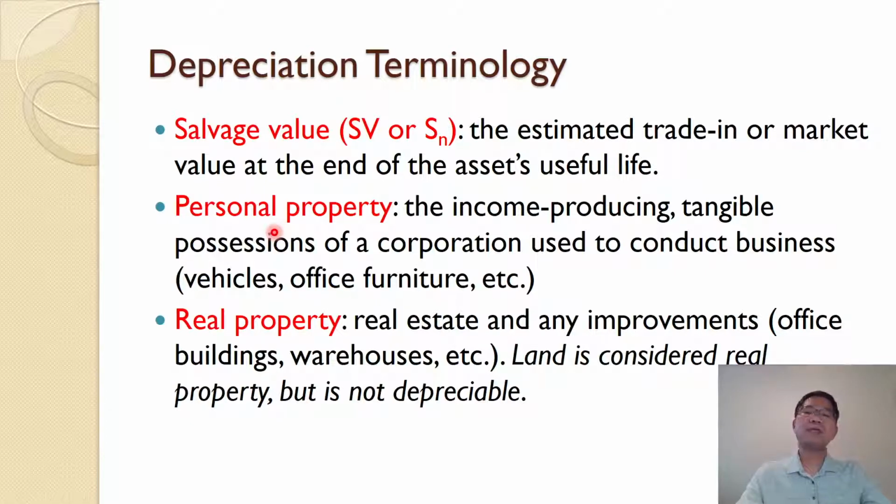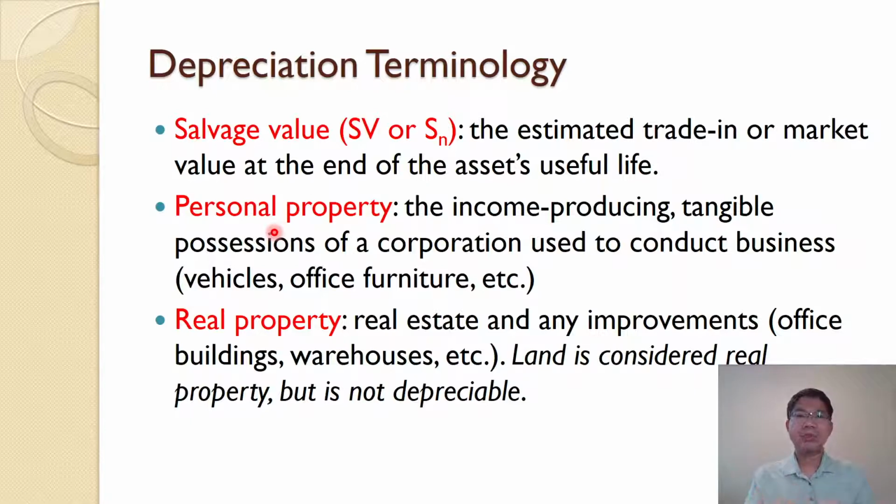The other properties are real properties, and basically that is real estate or any improvement, like when you put a building, warehouses, or offices on that real estate. However, the cost of real estate includes what? The land and the facility on top of that.